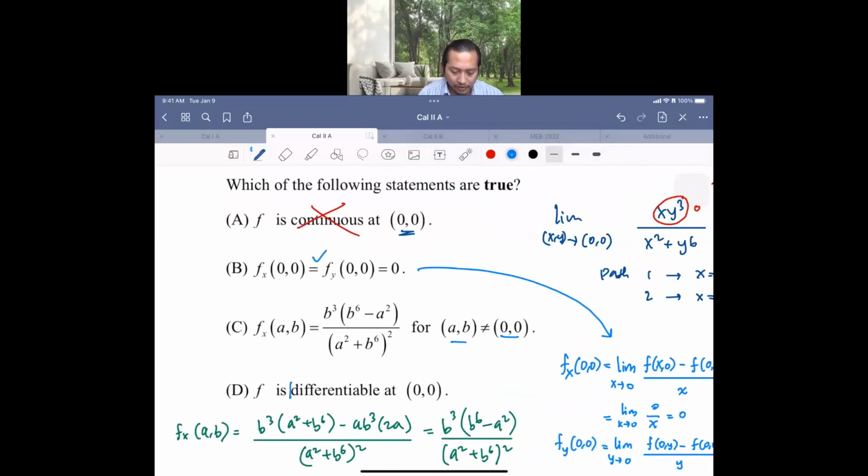And whenever you find differentiability, if it is already discontinuous, then it's not differentiable, because of the discontinuity.